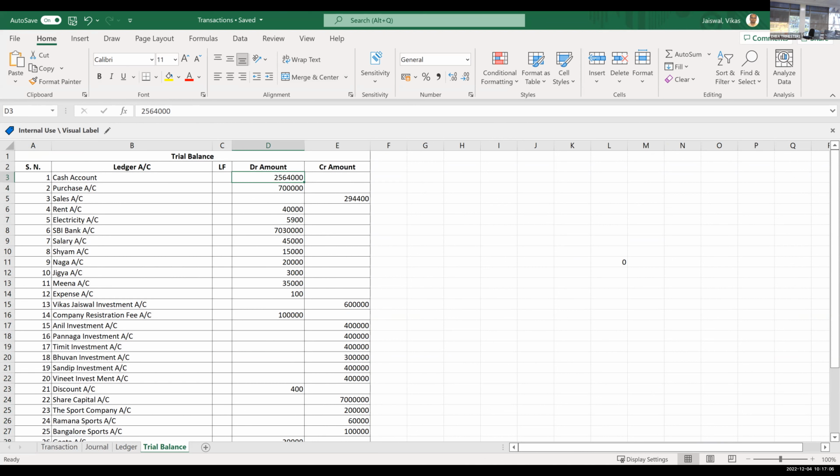You have 25,64,000 rupees in cash. Is it okay to have that? Next semester you will study cash management, that is corporate finance, financial management. Accounting is nothing but the data entry job of the results of financial managers. If the financial manager is okay to have 25,64,000, accounting doesn't have any problem.